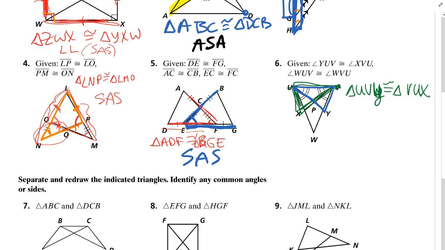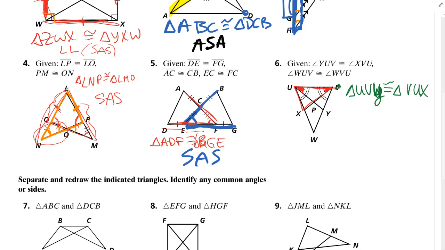Why is that? This is going to be angle side angle, because here's the side congruent to itself, so that was easy. But now let's look for the two angles that they give us. This little angle here would be congruent to this little angle here. So now I've got one of my angles in the triangle congruent.